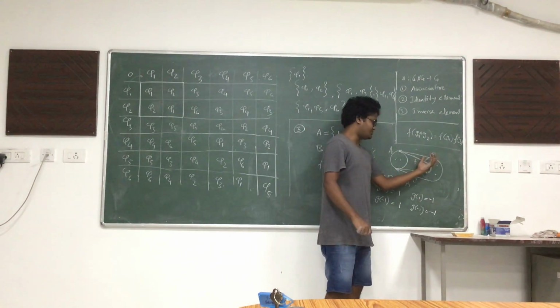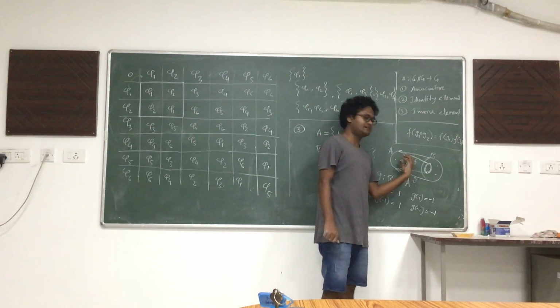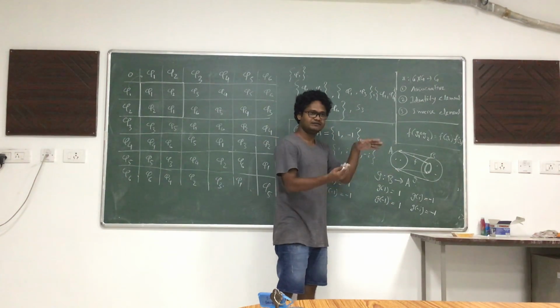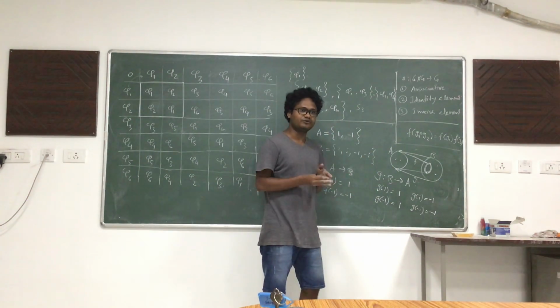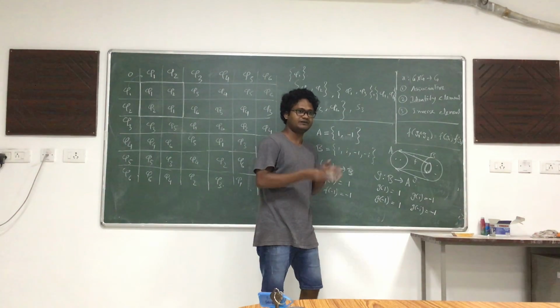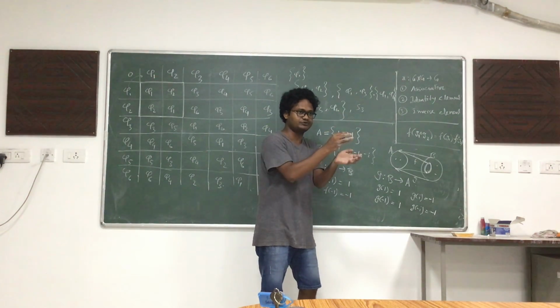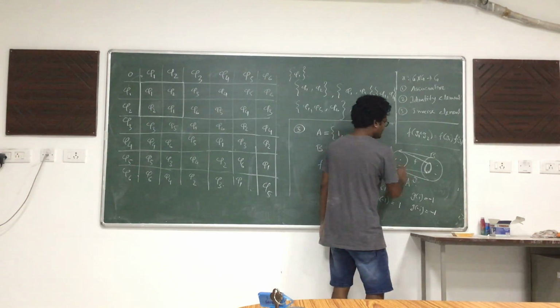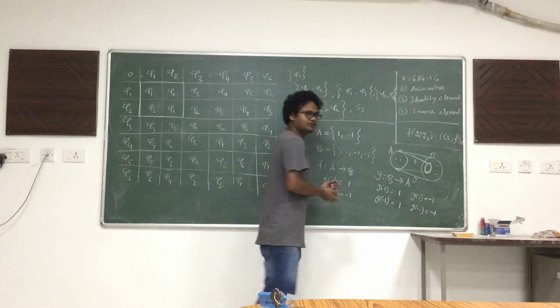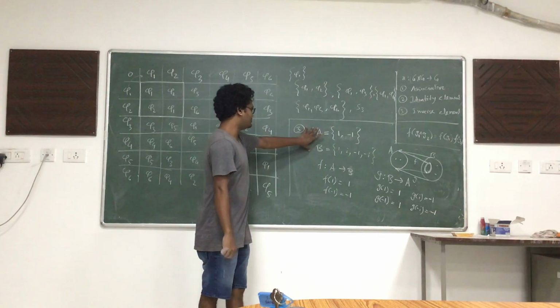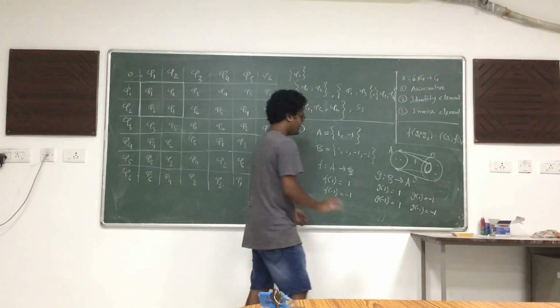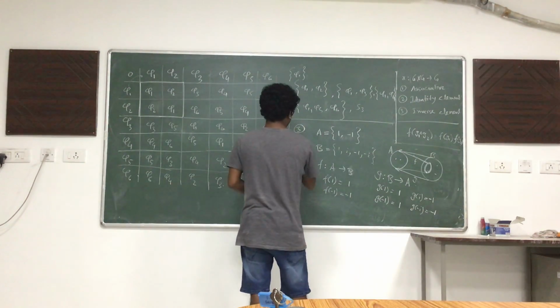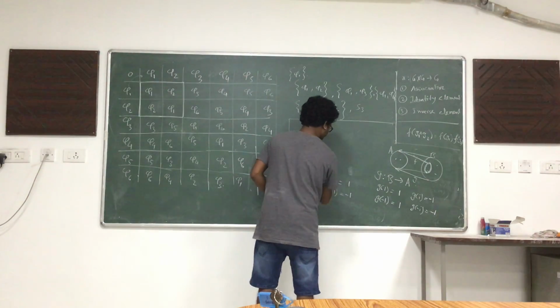In this case, the structure is kind of preserved, but the structure is getting shrunk. The 4 cross 4 multiplication table that was there gets shrunk to 2 cross 2. But still it is structure preserving. So these are the two things that I wanted to show by this example. Now we'll get some properties of homomorphism.